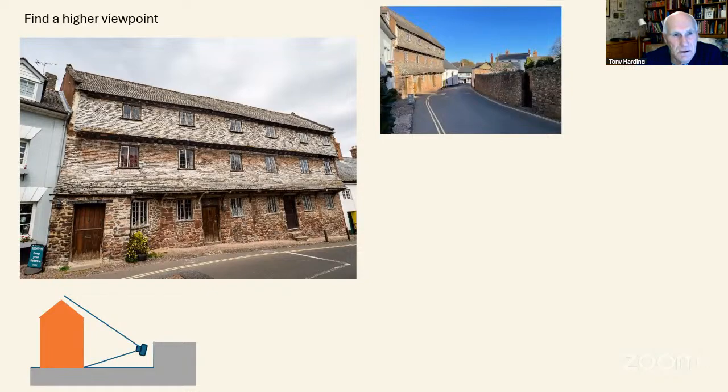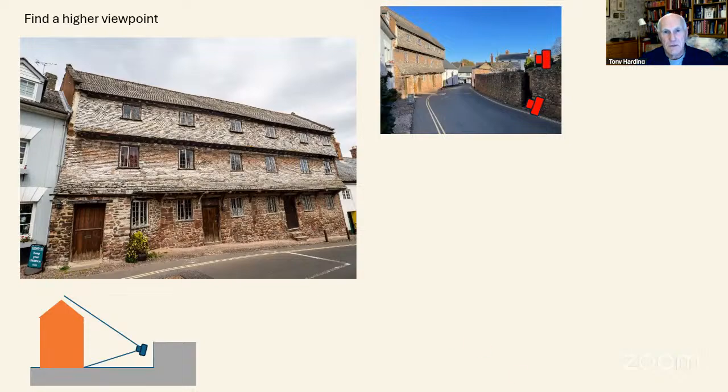So that picture on the right there is taken from a spot down about there. Now behind me there's a wall, and behind that wall there's a garden which is only about 6 or 8 feet above street level there. And a couple of years later we were surveying the house that garden belongs to, and the owner very kindly allowed me to step out into the garden and take some pictures across the road.